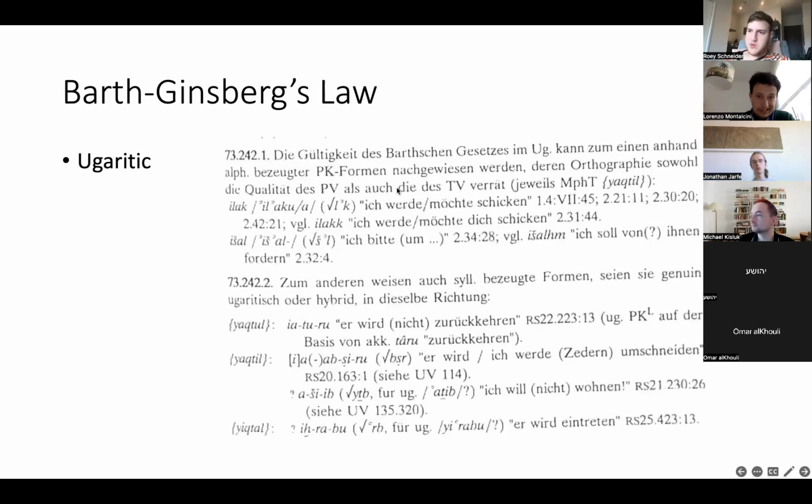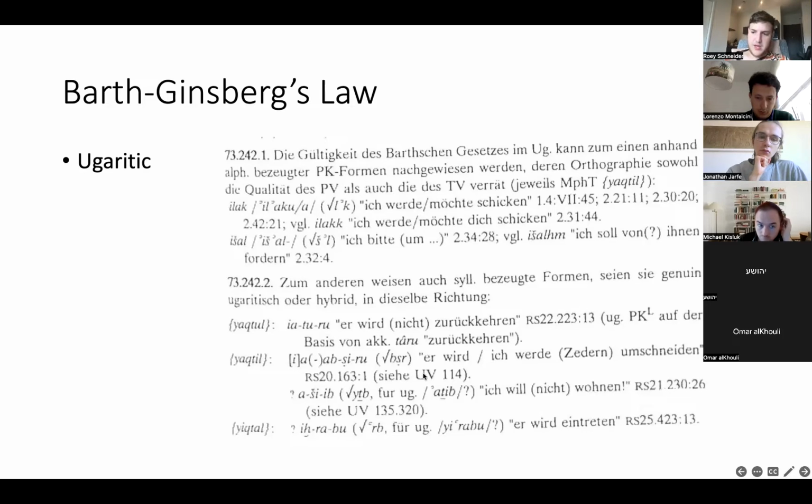Okay, in Ugaritic, we also have some remnants of the Barth-Ginsburg's law. For example, il-ak, I will send, ish'al, I will ask, and also in syllabic cuneiform, yaturu, he will return or something like that.